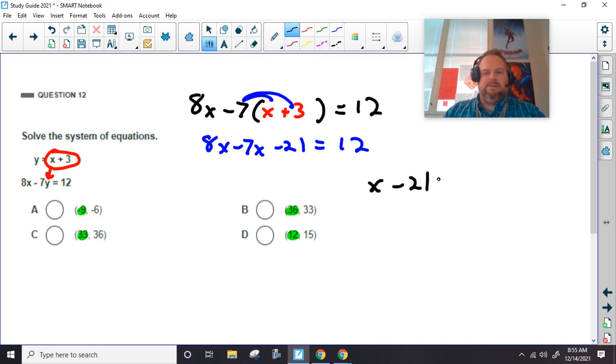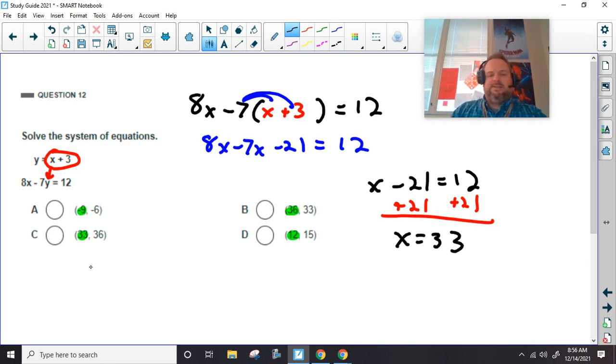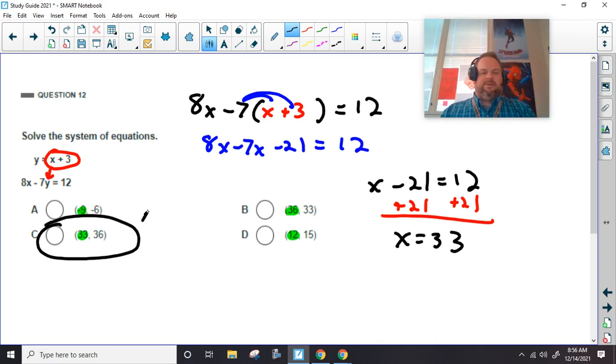Minus 21 equals 12. So x equals 33. Is there an x that's 33? Yeah, it's the one where it's like 33 and 36. I got C for me, it's like A for y'all. But we didn't have to plug back in to find y. All we had to do was find one and we're done.